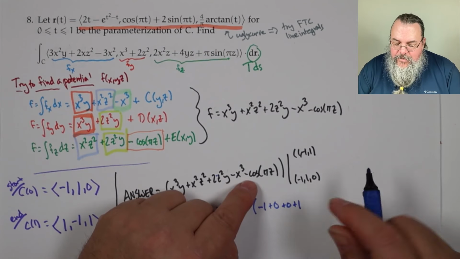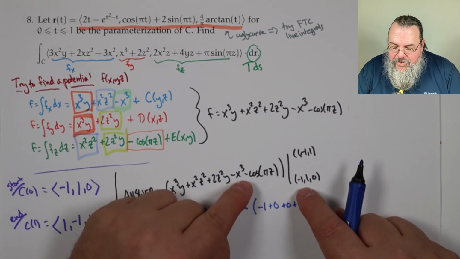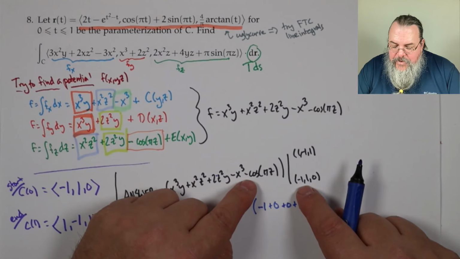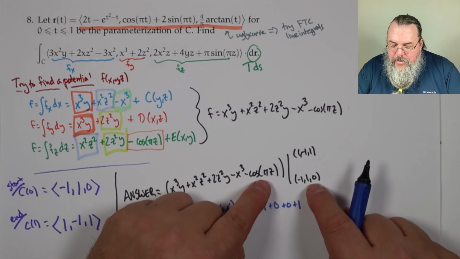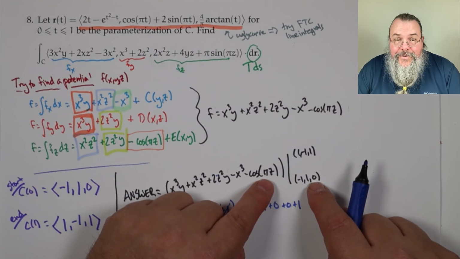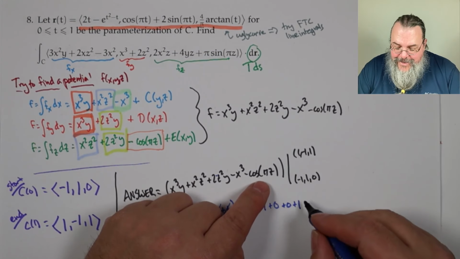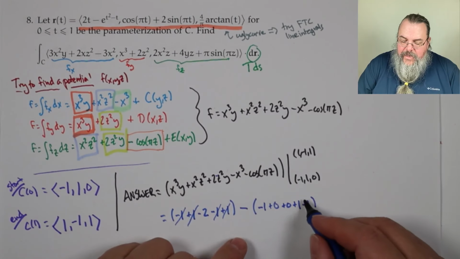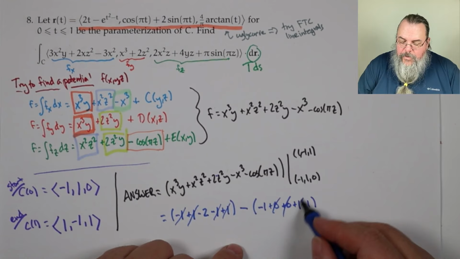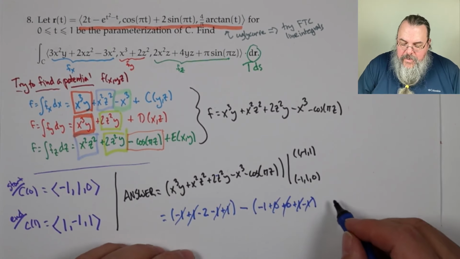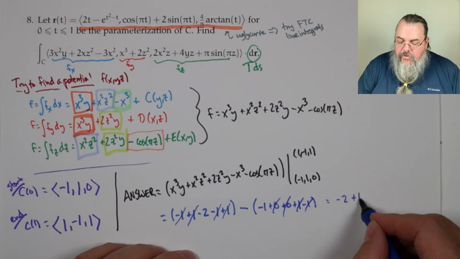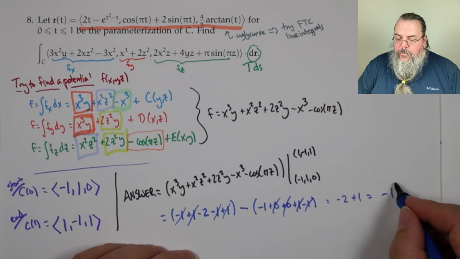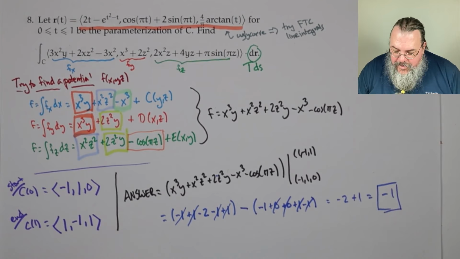And then we're going to subtract a cosine of 0. Well, cosine of 0 is 1, but we're subtracting it, so minus 1. Okay, so zeros go away, and 1 minus 1 is 0. So this becomes minus 2 plus 1, or minus 1.